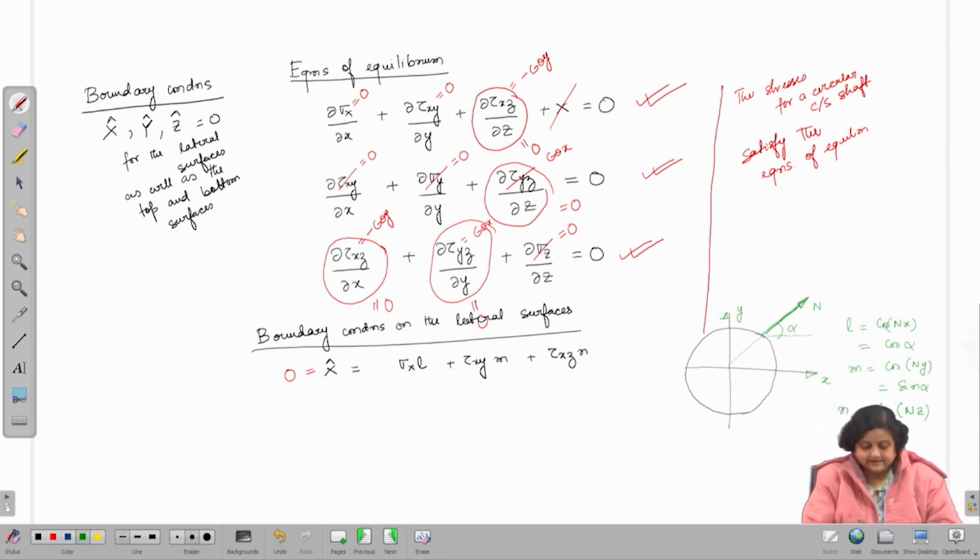Now, let us see whether with these direction cosines the first boundary condition is getting satisfied. So, sigma x is anyhow equal to 0, tau xy is 0. Now, n is equal to 0. So, this condition is therefore satisfied. Now, let us move on to the next condition, which is y hat.